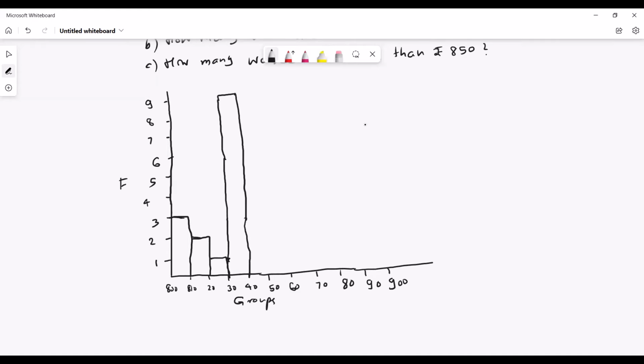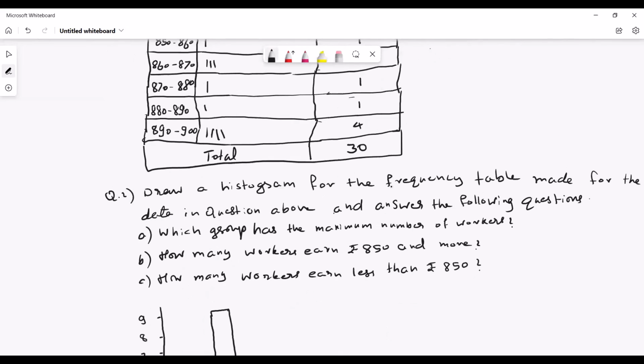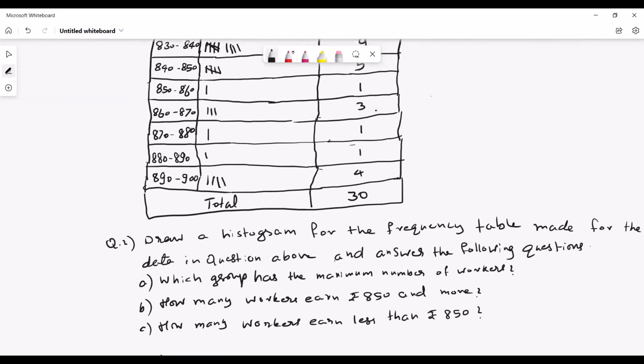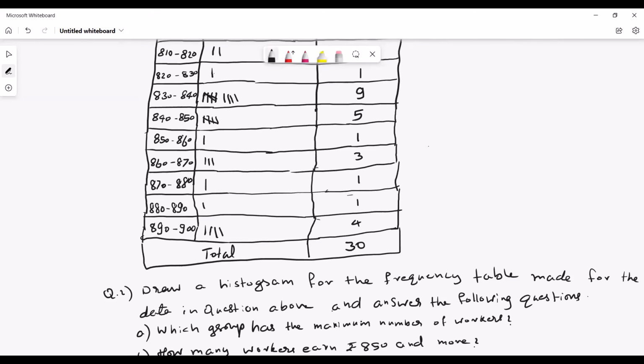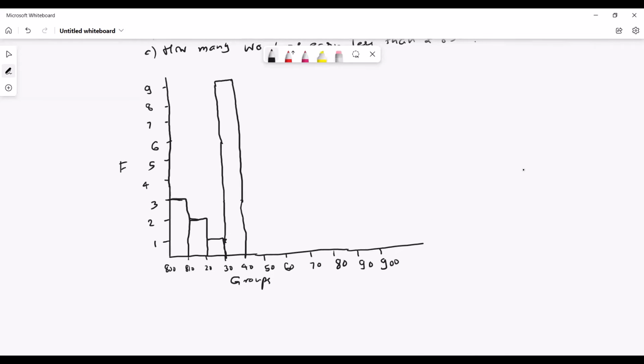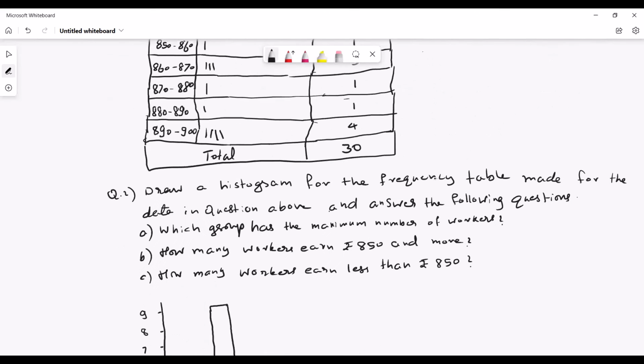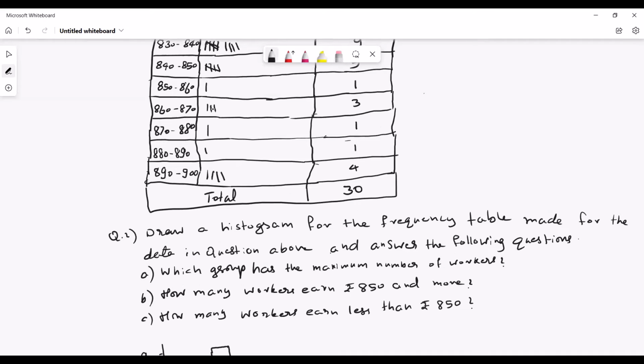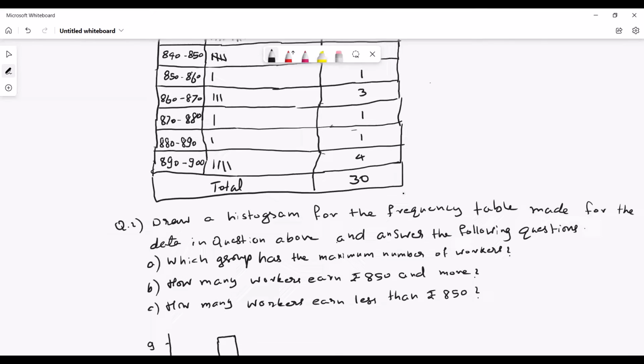Now 840 to 850. 840 to 850 is 5. Now 850 to 860 is 1.